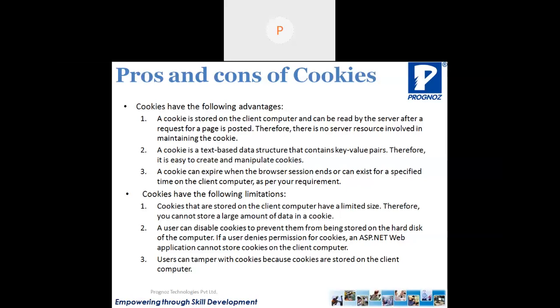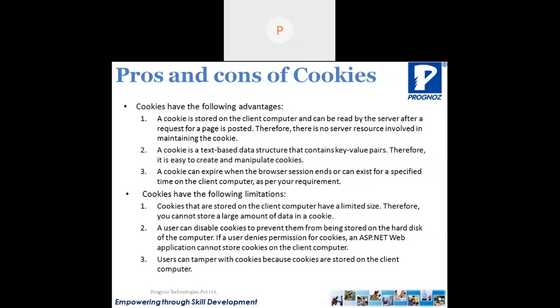So if you have disabled cookies on your browser, then the Gmail website doesn't work. Every time, on some websites, you notice a prompt that says allow cookies. If I allow those cookies, then some content which is generally not available for the first time will become available.